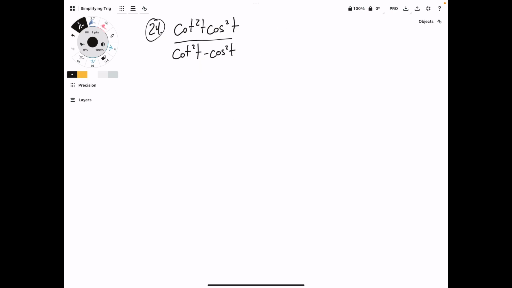For the last problem of this video, we have cotangent squared t times cosine squared t over cotangent squared t minus cosine squared t. So it's a little tricky, but we're going to use one of our trig identities, and we're going to solve for cotangent squared t. So we're going to subtract a 1 from both sides.